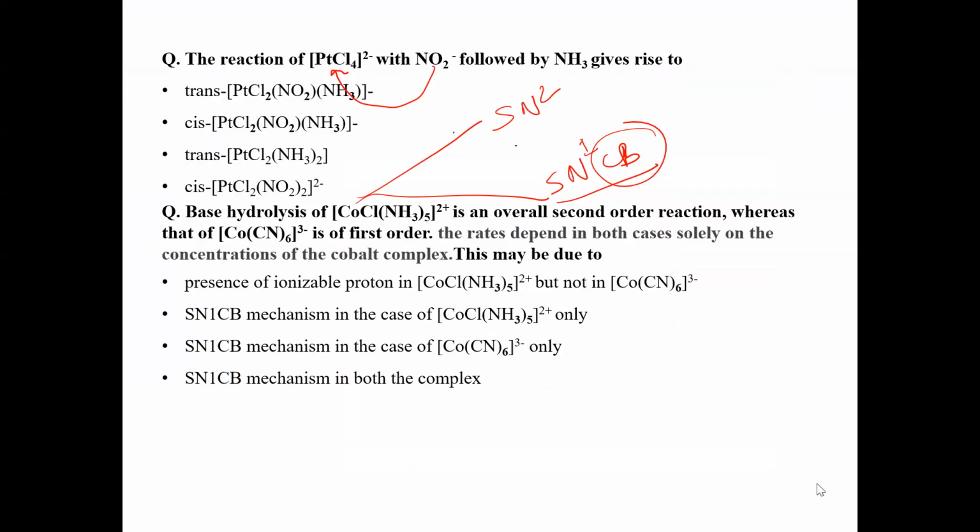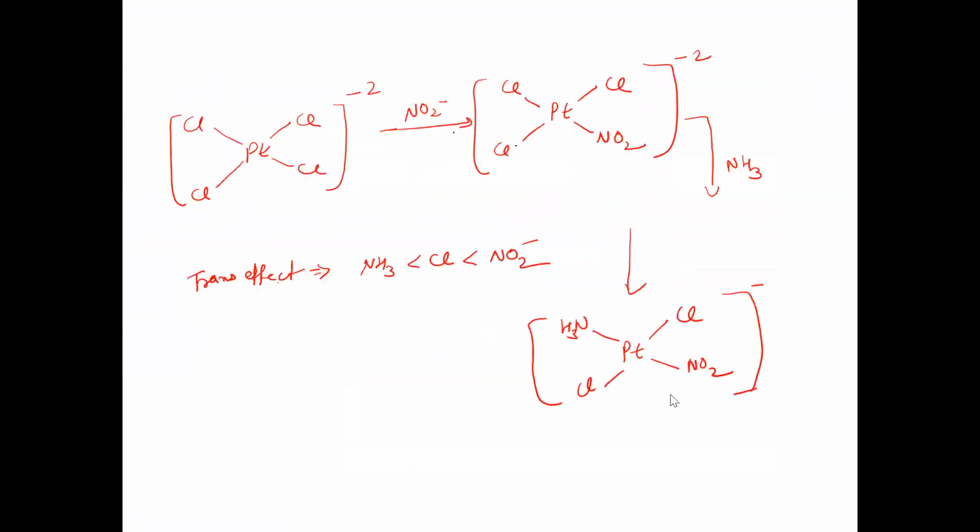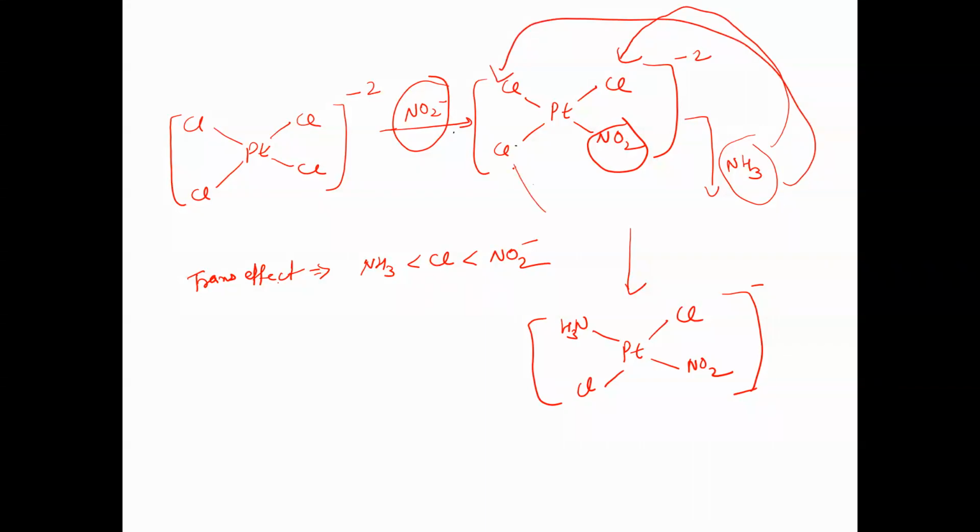So let me discuss the mechanism of the first one. Here is the complex. First the entering ligand is NO2. After that you have to identify whether the ammonia will be attached at this position or this position or this position.